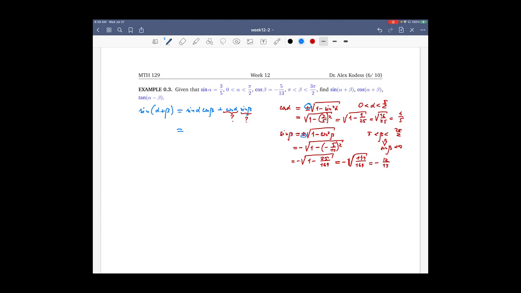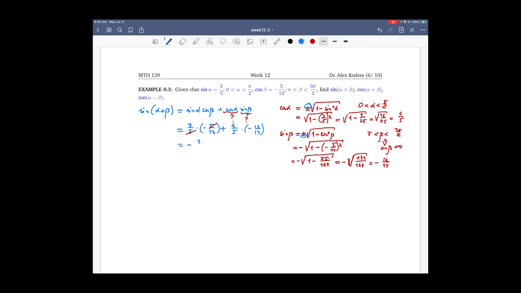So our computation here is 3/5 times negative 5 over 13 plus 4/5 times negative 12 over 13. So the 5 and 5 here cancel out.